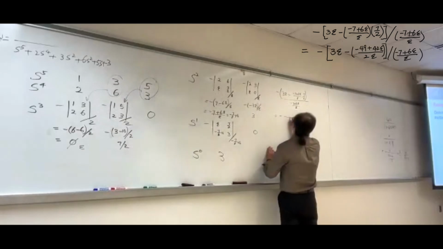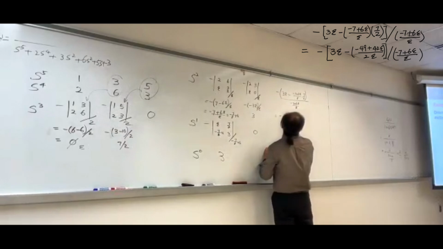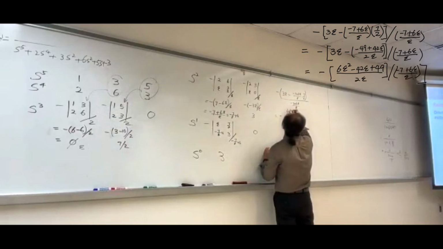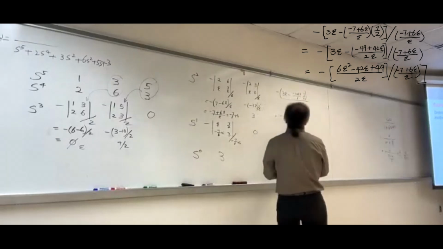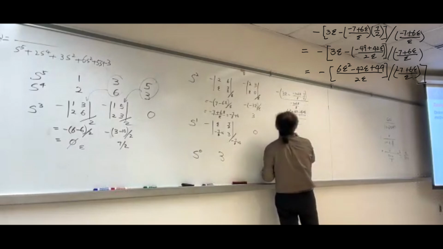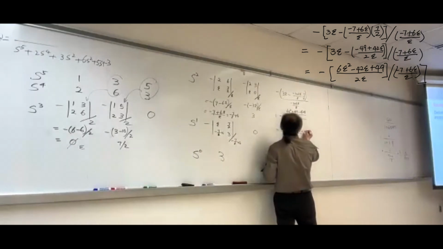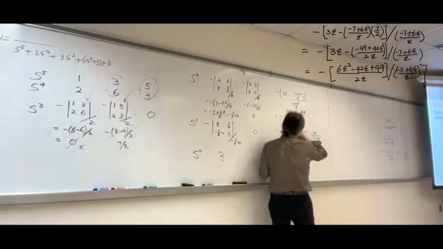And that is negative 2 epsilon as a common denominator. 6 epsilon squared minus 42 epsilon plus 49 over 2 epsilon, times epsilon over negative 7 plus 6 epsilon.